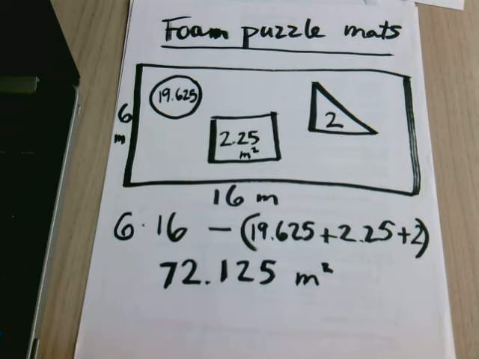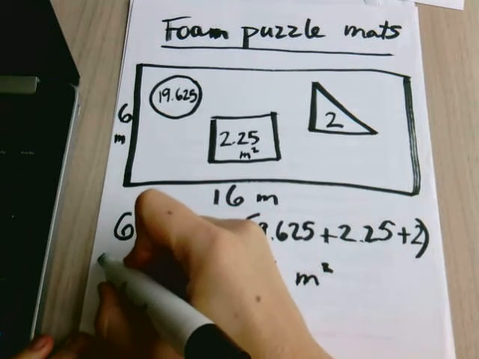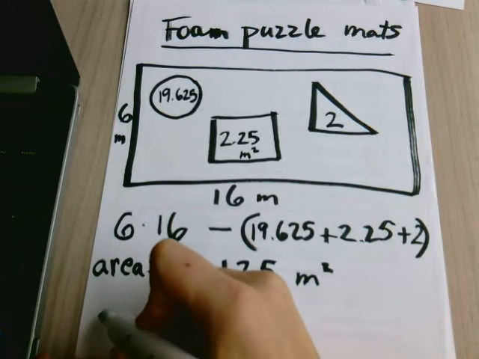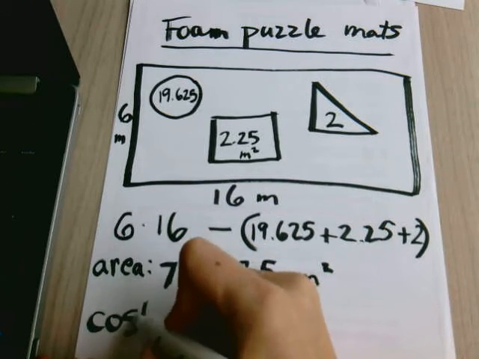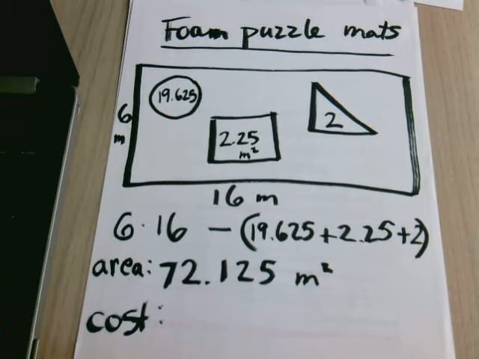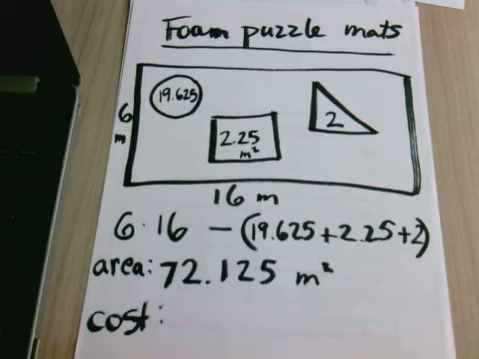Now we need to find the cost. So this right here is the area. Now the cost. If you go back to the beginning of the problem, it tells us that the foam puzzle mats are sold in packs of 25 for $211.